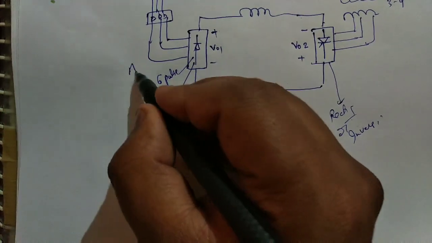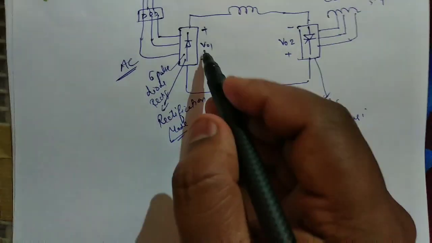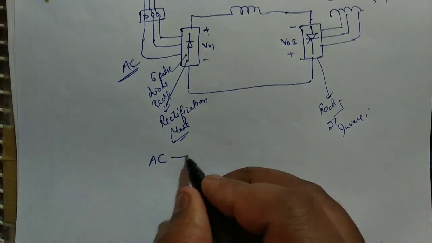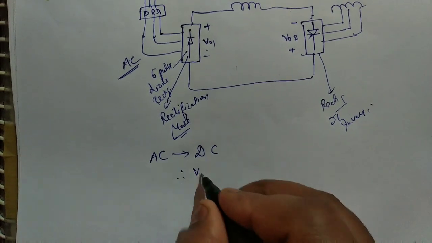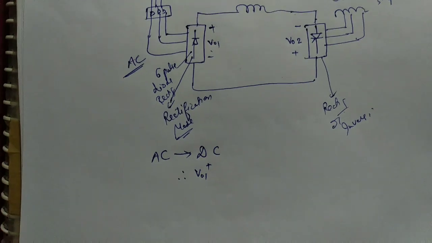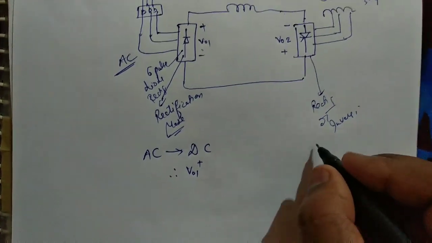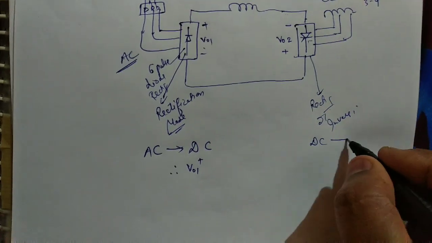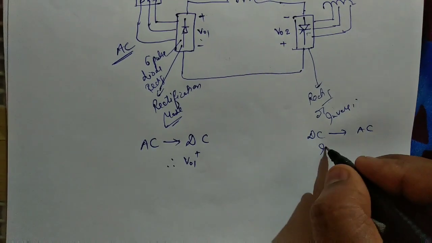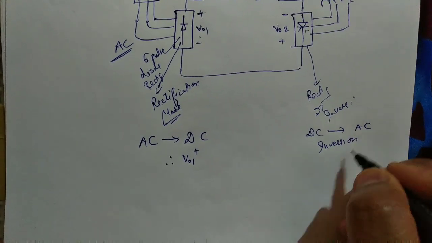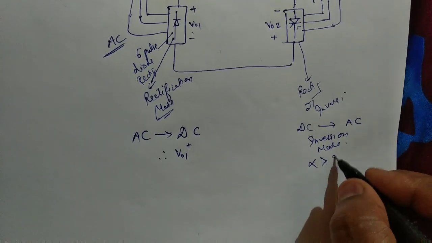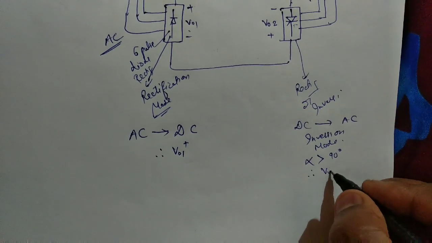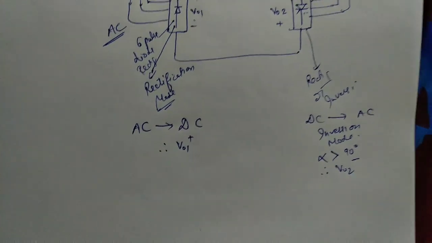From here the AC supply will be there, so this diode converts AC to DC in rectification mode, therefore VO1 is positive. Then this is used for DC to AC conversion, this is inversion mode. So alpha is greater than 90 degrees, therefore VO2 is negative.